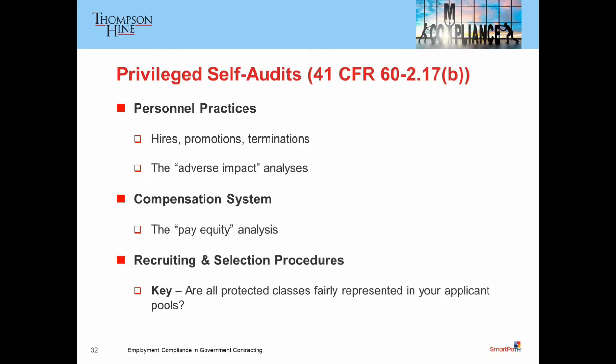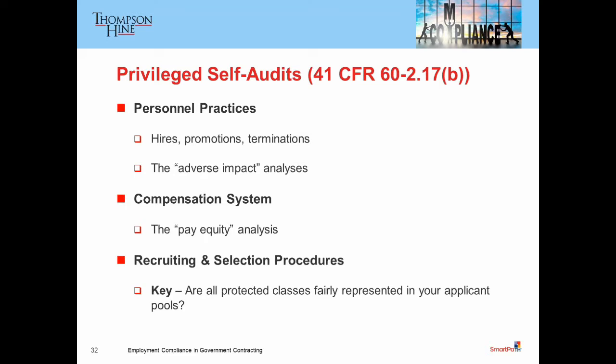These are required under affirmative action obligations, and we've seen in OFCCP audits them asking for documentation that you are conducting these types of audits on an annual basis. And the wonderful thing about doing it under attorney-client privilege is that you can object on that basis and say that you have conducted them, but it's been through counsel, and then the government is not entitled to any documentation related to the audit that's been conducted.